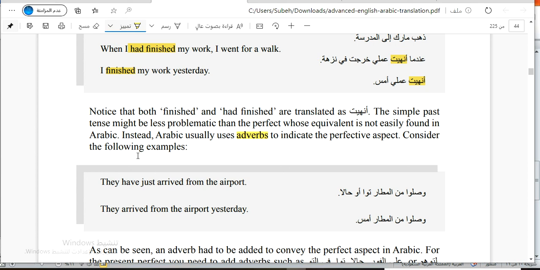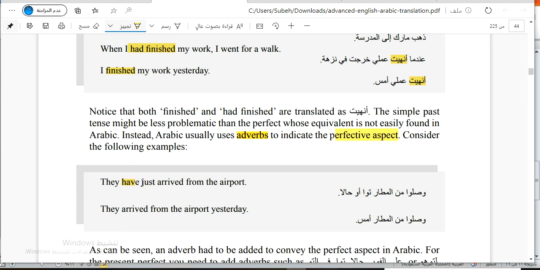Okay, instead of using auxiliary verbs, Arabic uses adverbs to indicate the perfect aspect. For example, they have just arrived from the airport.